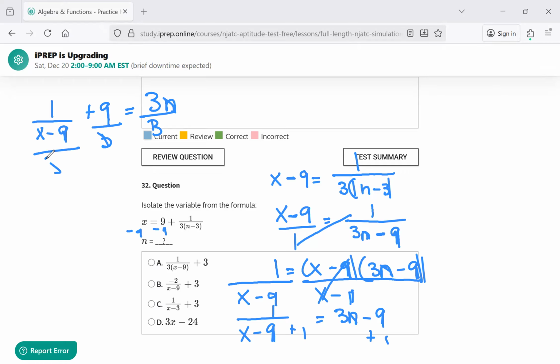This is where it gets a little bit tricky. So this becomes n. 9 divided by 3 is 3. What about this? This is a complex function. If you want, you can rewrite this as 1 over x minus 9 divided by 3 over 1.